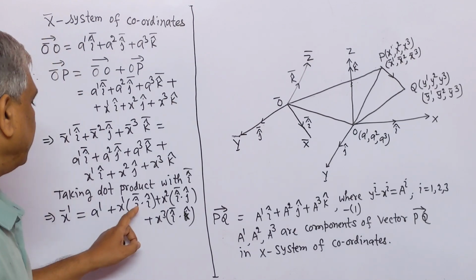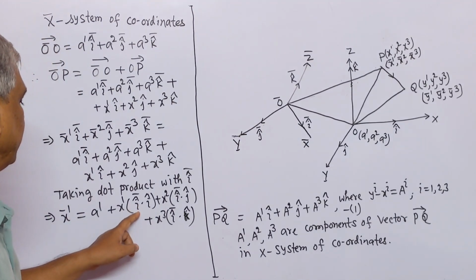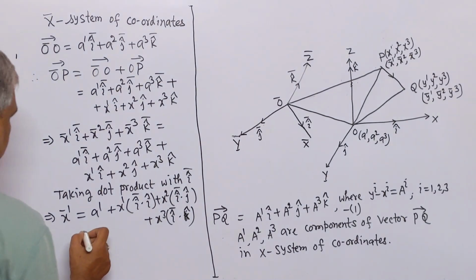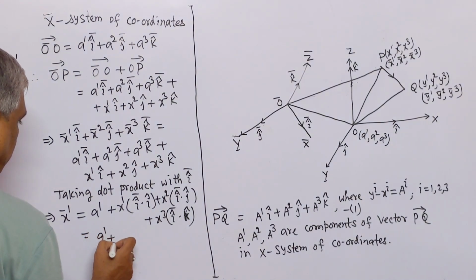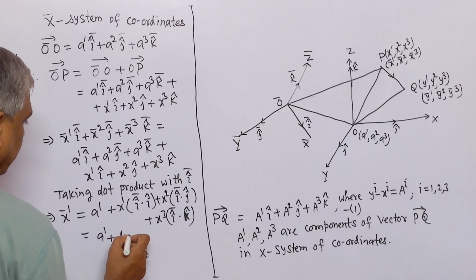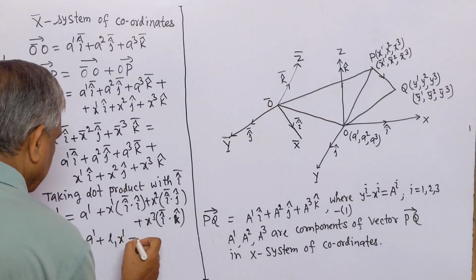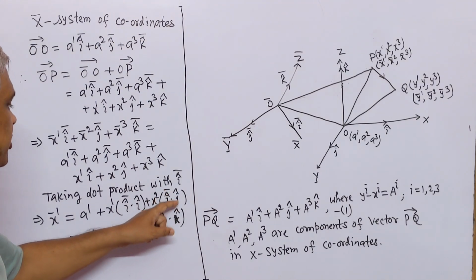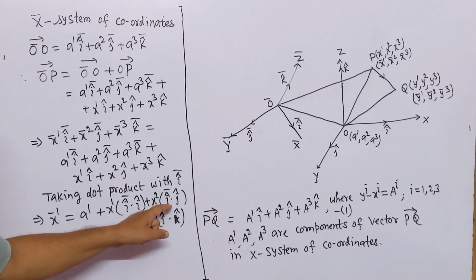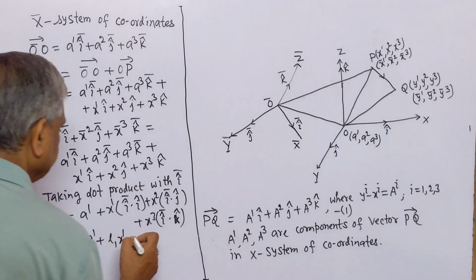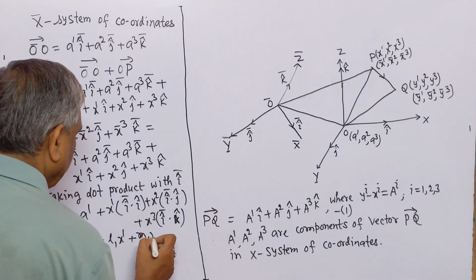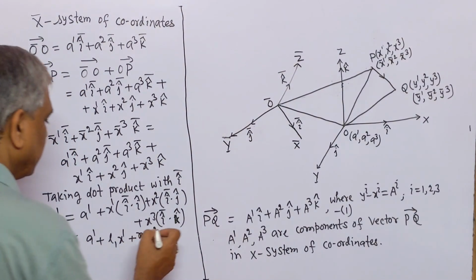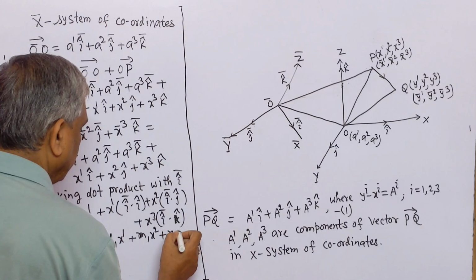Then I cap bar dot I is equal to L1, so L1 x1 plus I cap bar dot j, this is M1, M1 x2 plus this is N1 x3.